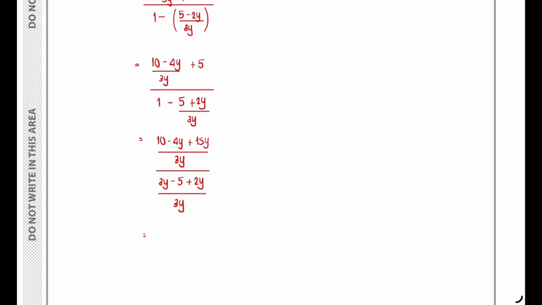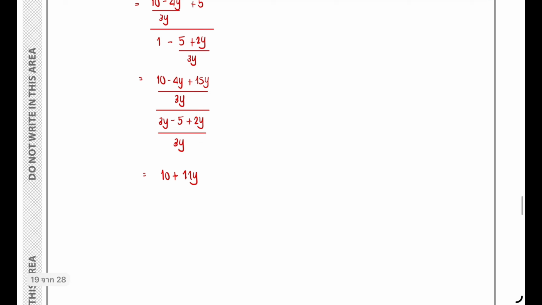And then it will be (10 plus 11y) over 3y, because negative 4y plus 15y equals 11y, over the 3y plus 2y is plus 5y minus 5 over 3y.